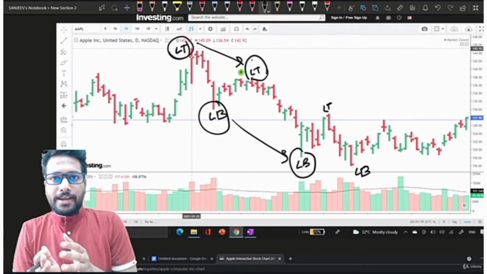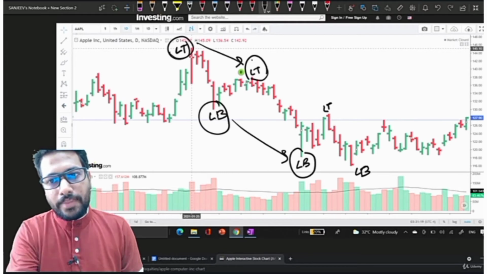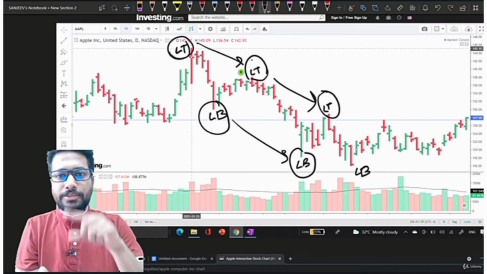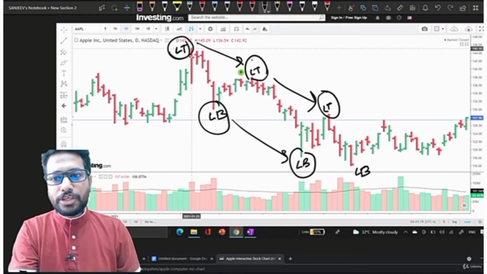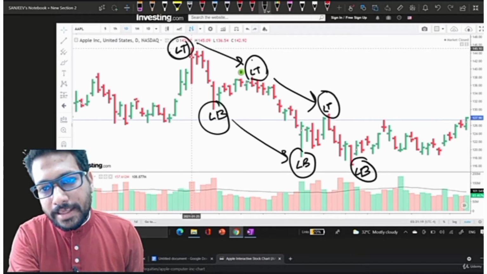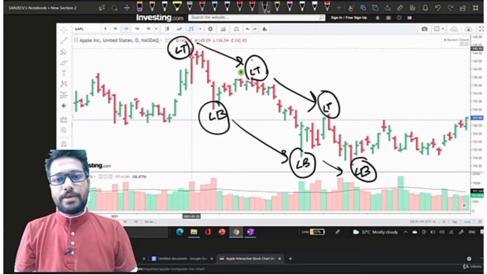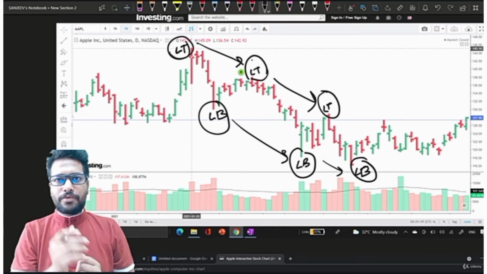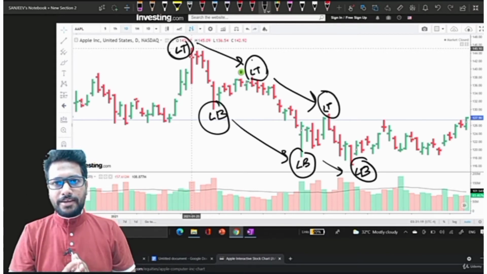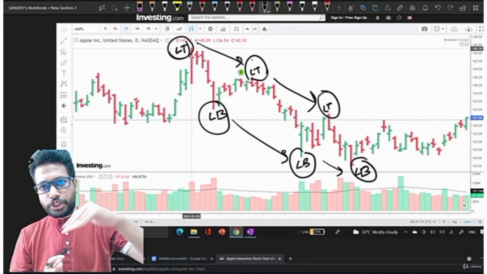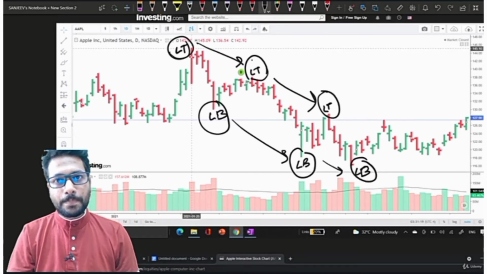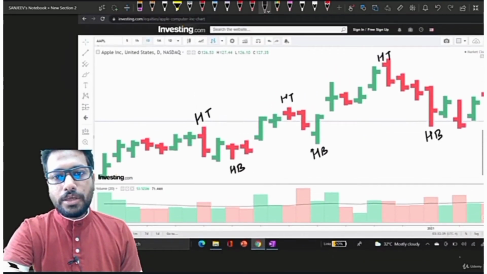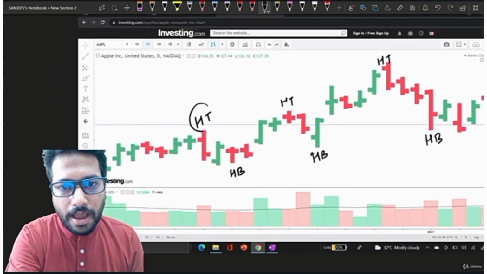And this trend keeps on repeating itself, that again the next lower top is less than the previous lower top, and the next lower bottom is again less than the previous lower bottom. So if this trend keeps on running, then it is a clear-cut indication that the market is showing a downward trend.